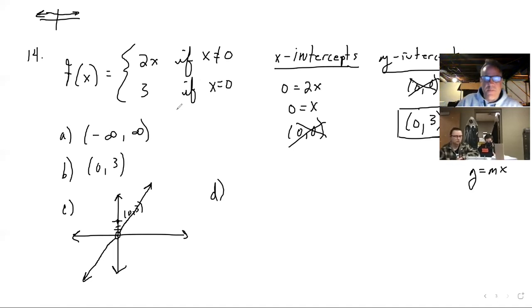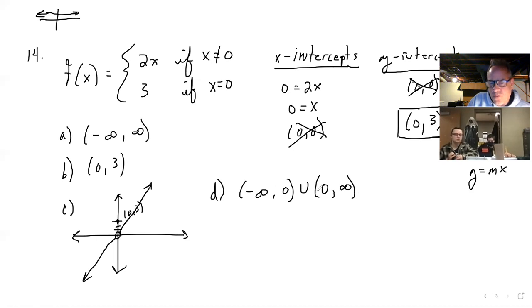And what you would type in here, because it wants interval notation, is negative infinity up to 0 and use a parenthesis, not including 0, unioned with the interval from 0 to infinity.